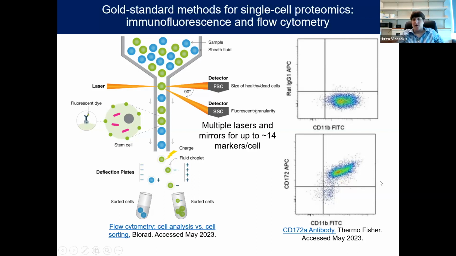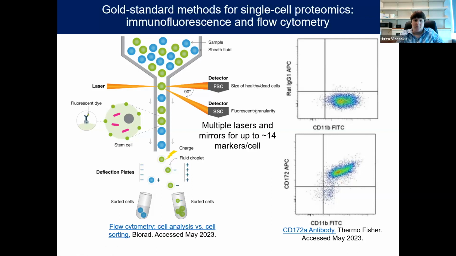And then the readout for flow cytometry is perhaps quite familiar from the literature, but essentially these types of pseudo-colored correlation scatter plots to look at correlation of different markers, of course, with red indicating higher levels of expression and blue lower.